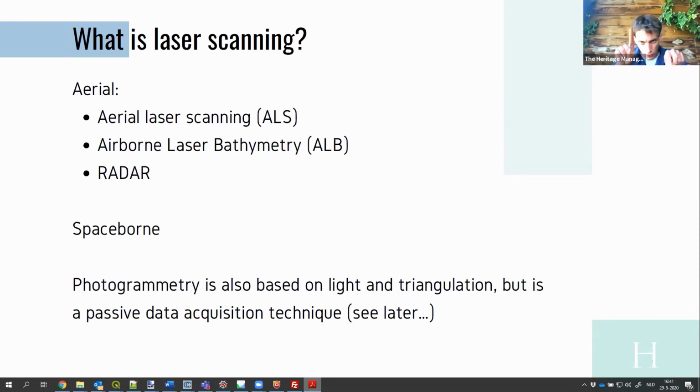By having these dual wavelength laser scanners, you're able to penetrate a water column and even have the surface under your water level. This technique is called airborne laser bathymetry.